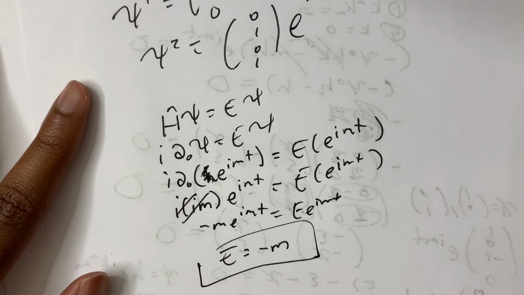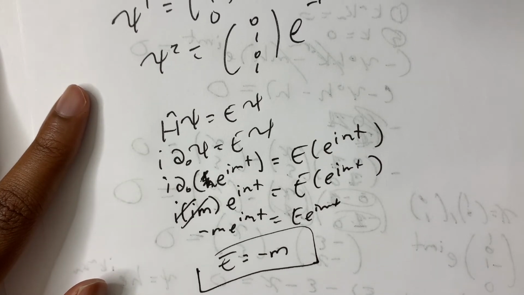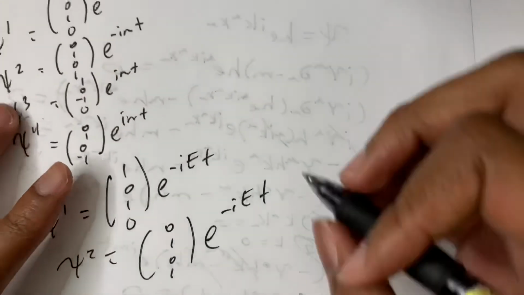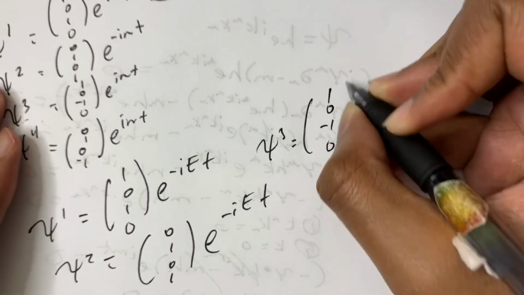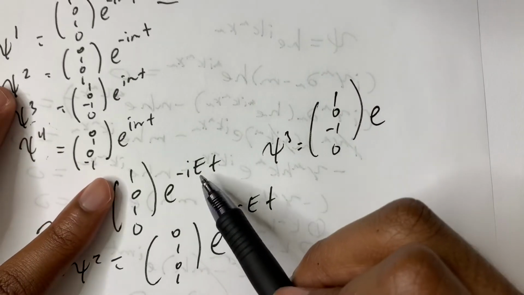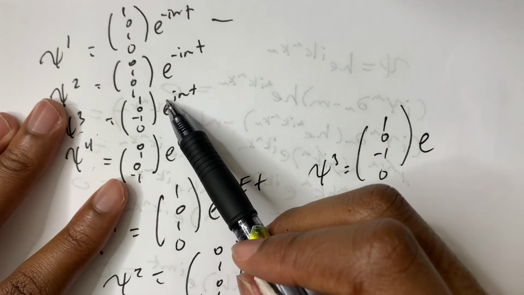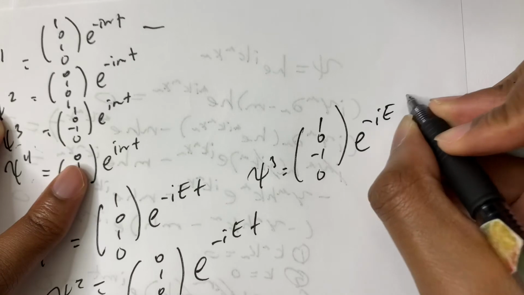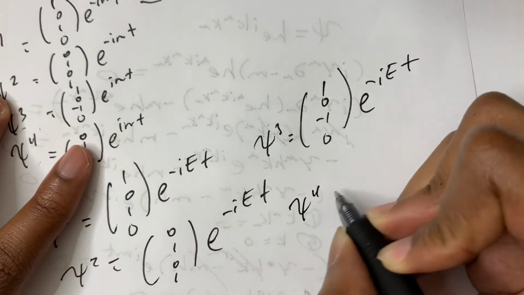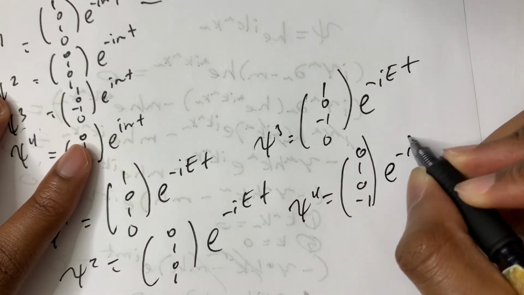This is a fundamental historical feature of the Dirac equation. We get negative energies. So psi 3 is (1, 0, minus 1, 0) e to the, well, it was e to the imt, but E equals minus m, so m is minus E. And then psi 4 is (0, 1, 0, minus 1) e to the minus iEt.